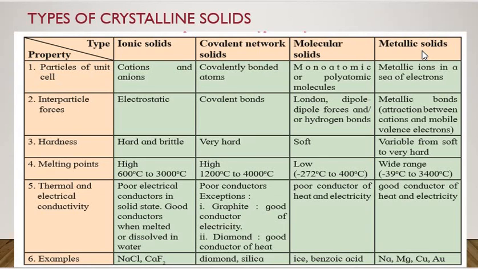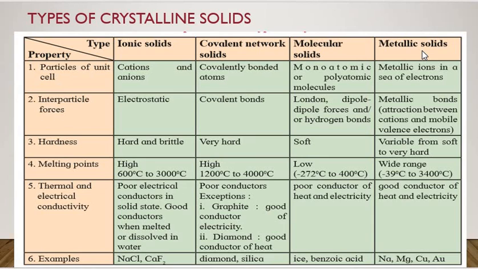Therefore, metallic crystals are often described as an array of positive ions immersed in a sea of mobile electrons. The attractive interaction between the cations and mobile electrons constitutes a metallic bond.